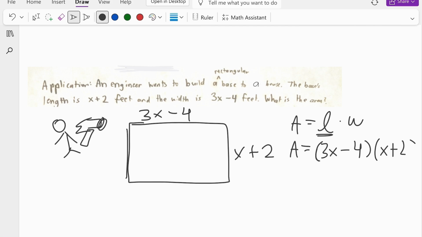I know, it looks very similar to a problem that we did before. So we're going to be doing FOIL, and I hope you'll be able to do this without me having to draw the arrows each time. So we would just have the first, 3x times x, and you add that to 3x times 2, outer, and then we add that to negative 4 times x, which is inner, and then we add that to negative 4 times 2.